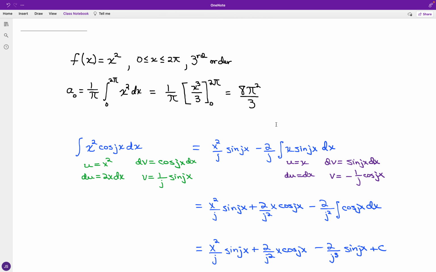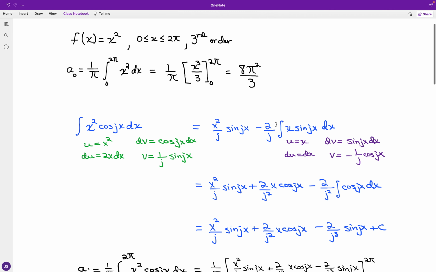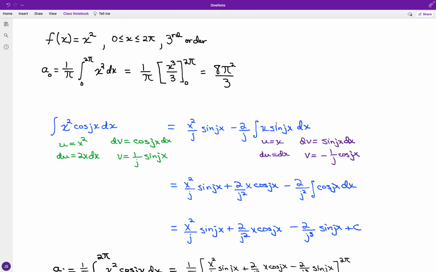Now, looking at what we have for f of x times the cosine of jx dx. If we look for the general integral, say we have x squared times the cosine of jx dx, we are looking at repeating integration by parts.